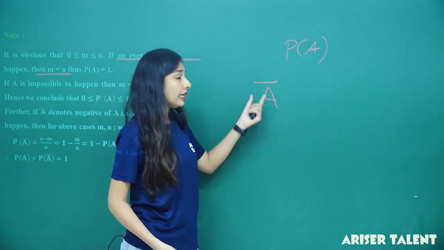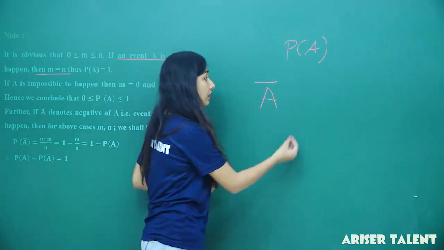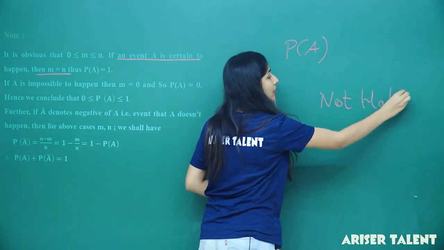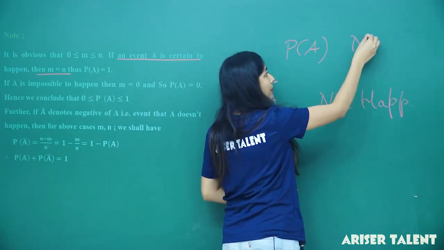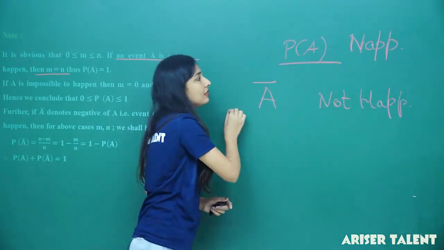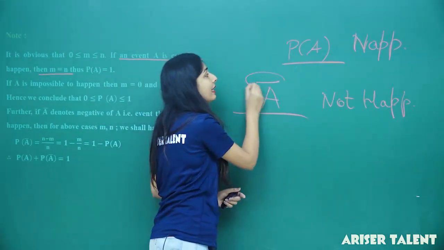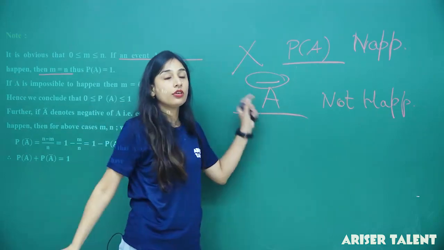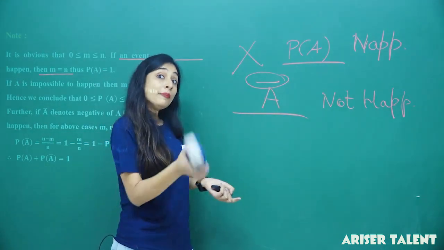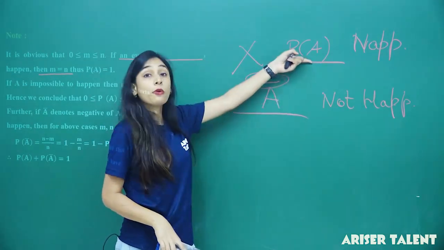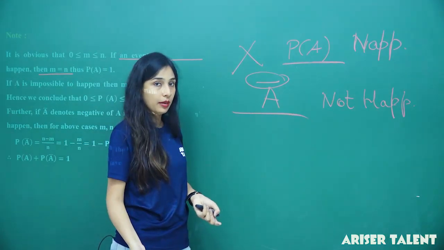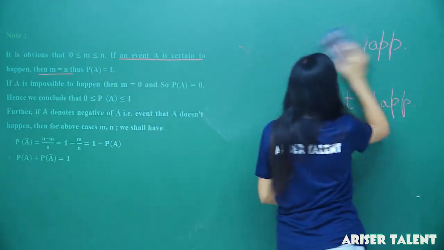Now if I am taking this A bar, that's for not happening. If this is happening, this is not happening. This is simply a cross. This is not going to be. So A bar denotes the thing which is not possible to happen.